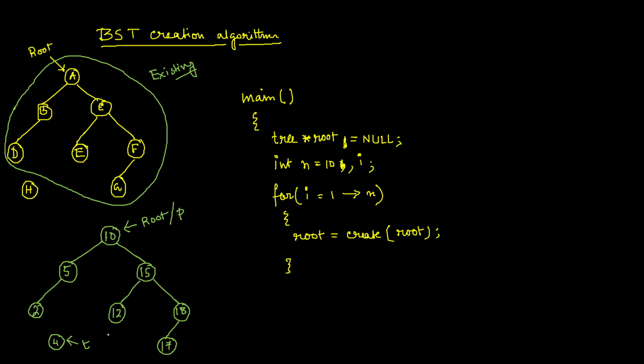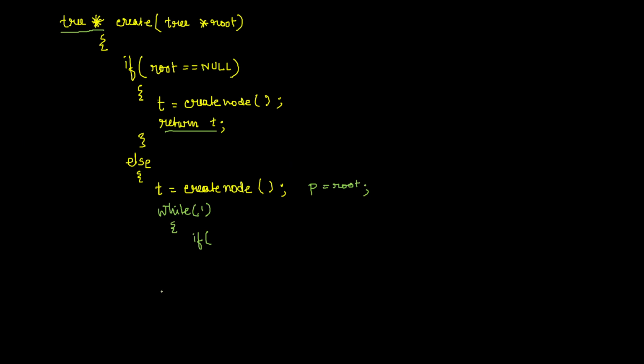So basically you will check this p data with t data. So you can do something like if t data lesser than p data, that means one thing is sure, that t should be in the left hand side of it. But you cannot connect directly, because you have to make sure that p left doesn't have anything, right?